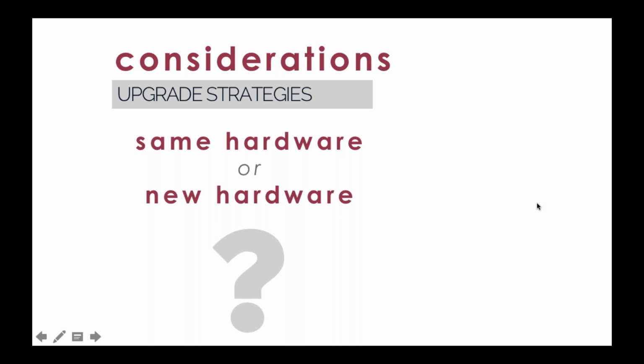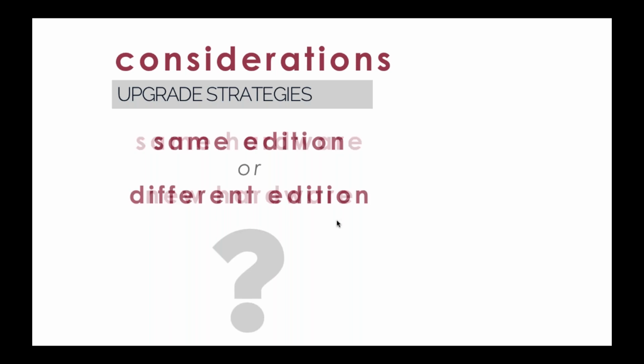If it's brand new, then just go ahead and do the same hardware upgrade. Although, it will be a bit more challenging if you do a same hardware upgrade, because you don't want to be doing an in-place upgrade as well. And that might be a bit more challenging in terms of the strategies.